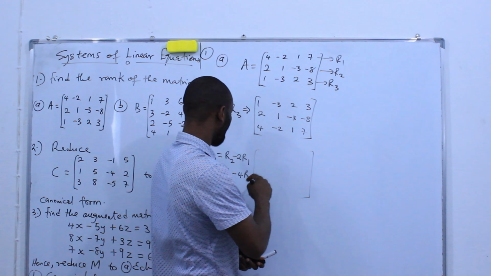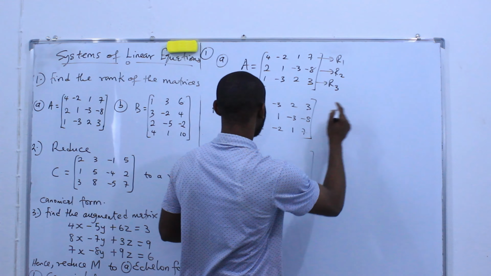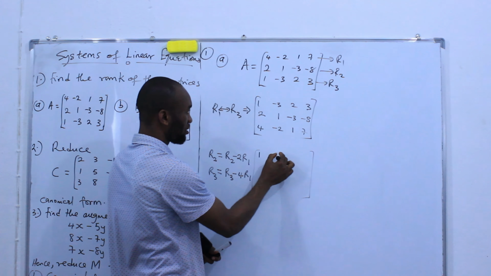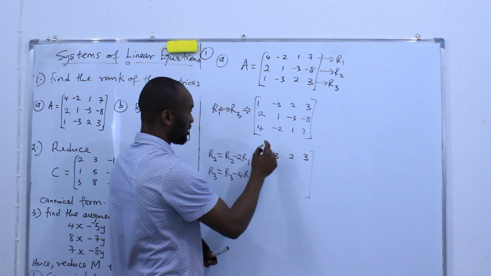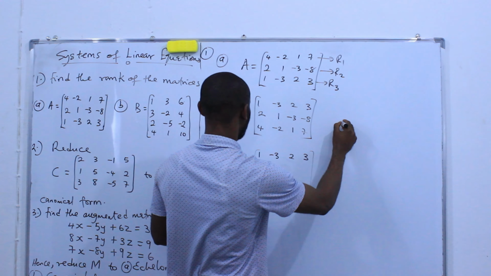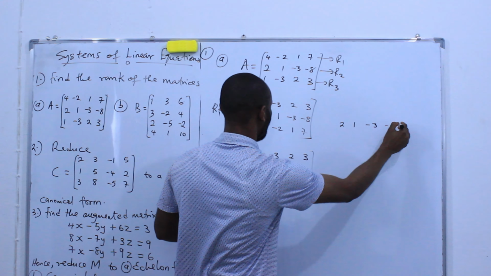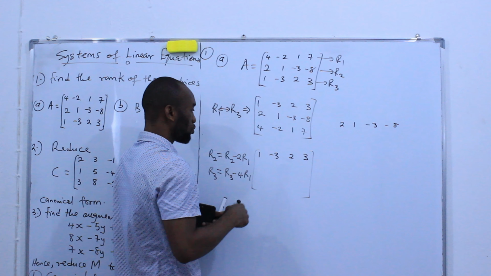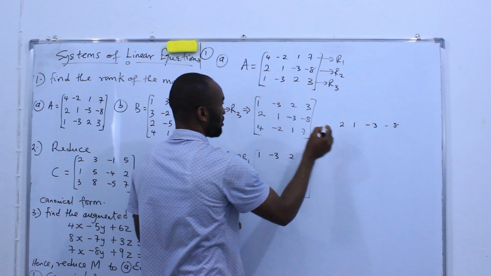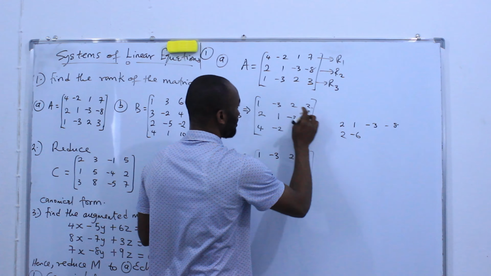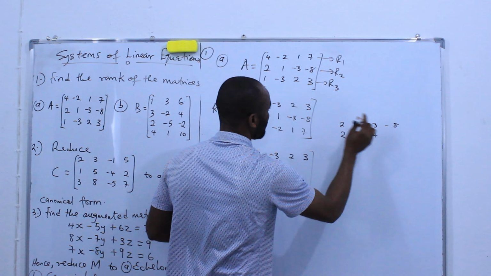Let's quickly represent row 2 here. Let's write down row 1 first. For row 2, we have 2, 1, minus 3, minus 8. And 2 row 1 is 2 times 1, 2 times minus 3 is minus 6, 2 times 2 is 4, 2 times 3 is 6.